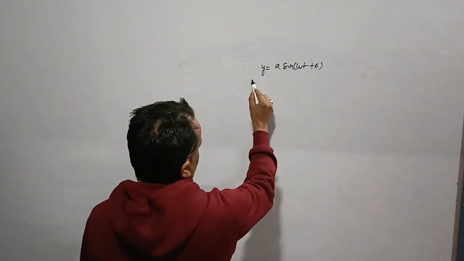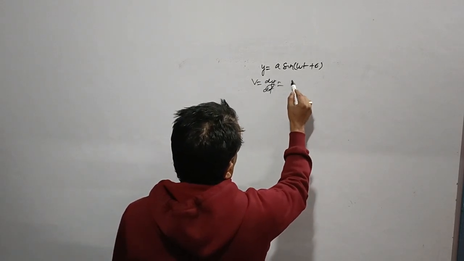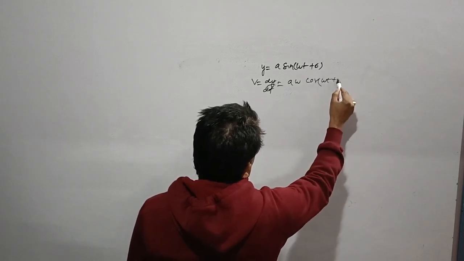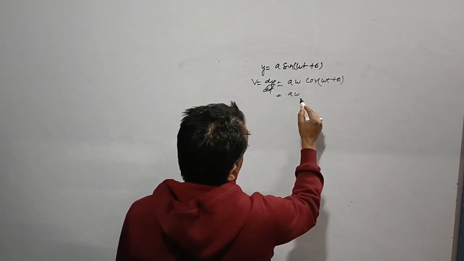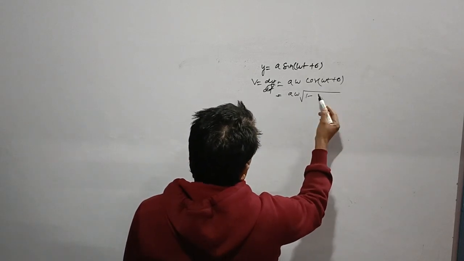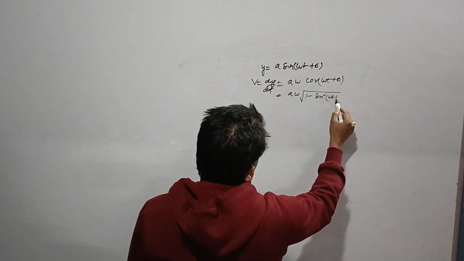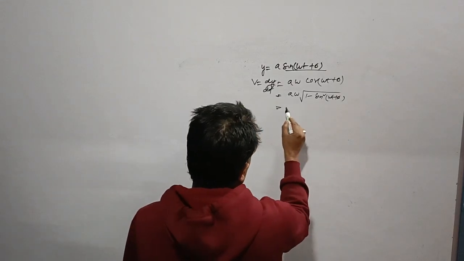We have velocity as delta y by delta t. This is a omega cos omega t plus phi, which can also be written as a omega square root of 1 minus sine square omega t plus phi.